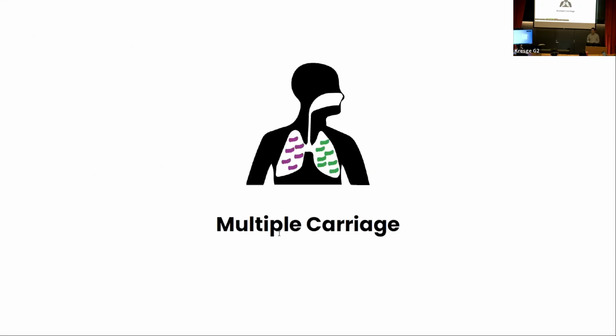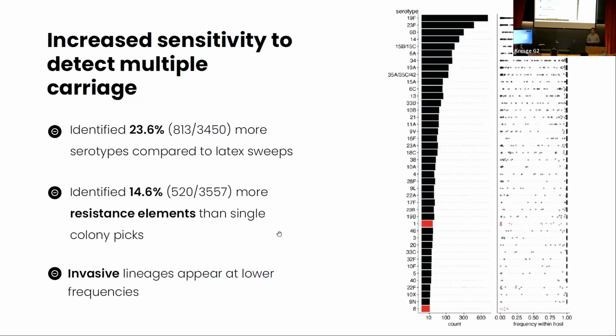So the first major point I'm going to discuss is multiple carriage. Here we're talking about when you have two fairly distinct lineages of the same species. We found that by doing this deep sequencing-based approach on the pneumococcal carriage, we could identify 23.6% more serotypes or lineages in this case, compared to latex sweeps, which is the gold standard for looking at multiple carriage in strep pneumo.